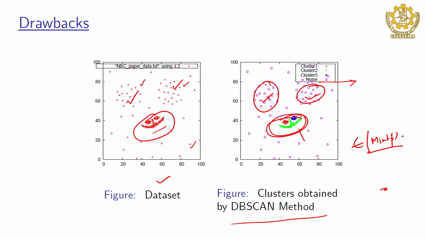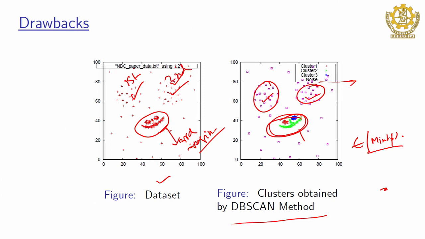Why is this happening? Because as you can see from the data set, there is the density of this region, the density of this region, and the density of this region. Here the density varies heavily compared to the third region, and compared to the first and the second region.